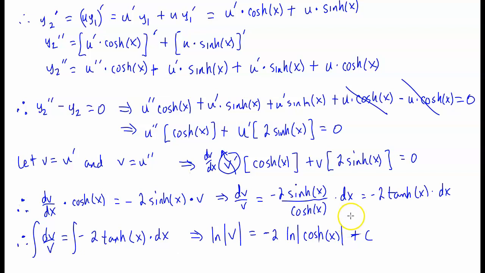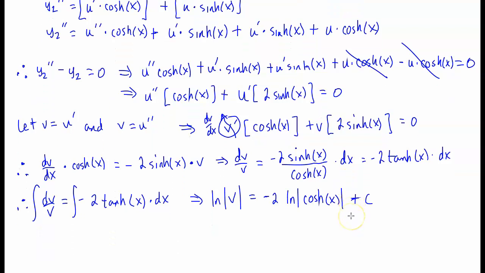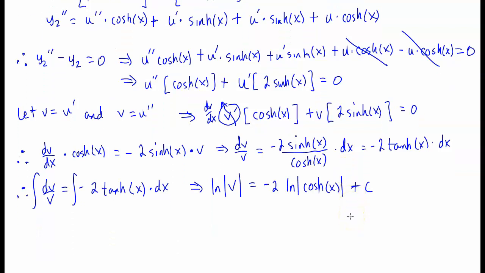All right, so at this point, we just need to solve for v. So what I'm going to do is we are going to take this minus 2 here and move it inside of the logarithm. So this will end up being natural log of absolute value of 1 over cosh squared, which essentially is going to be sech squared.